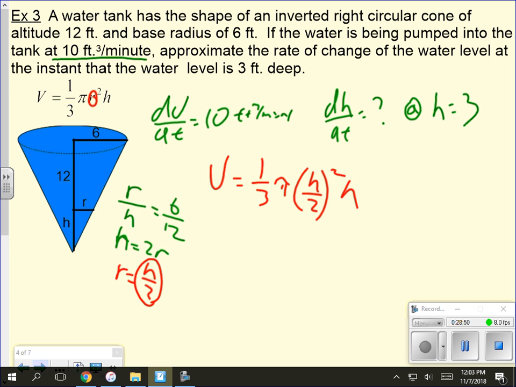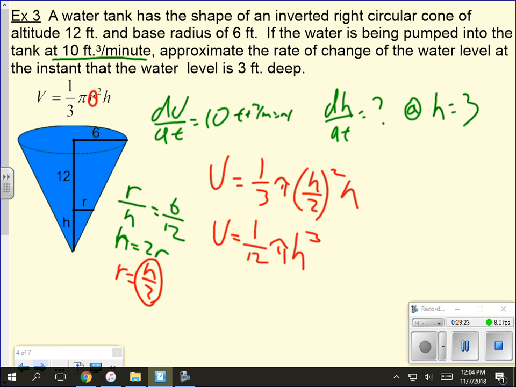Simplify before you take the derivative. So (H over 2) squared is H squared over 4, right? Bring the 4 forward, so my volume is 1/12 pi H cubed. Right, because I get H squared times H gives me H cubed. The 2 squared gives me 4 in the denominator, bring it up. I have that. 2 variables.